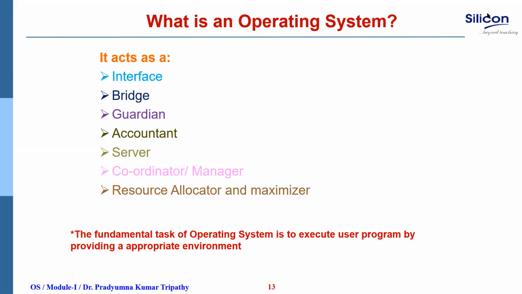There is one query to explain the guardian and accountant. Guardian, I said, is what the guardian in a house does. It gives instructions, and all other family members have to obey her. Similarly, whatever instruction is given by the operating system has to be obeyed.